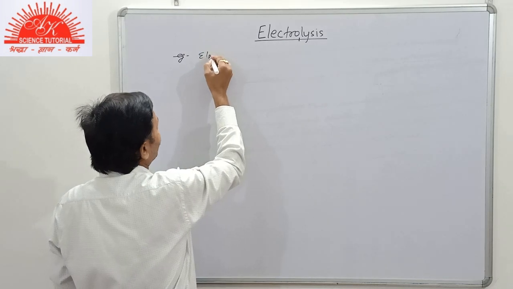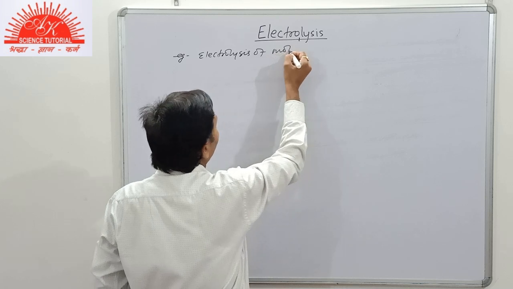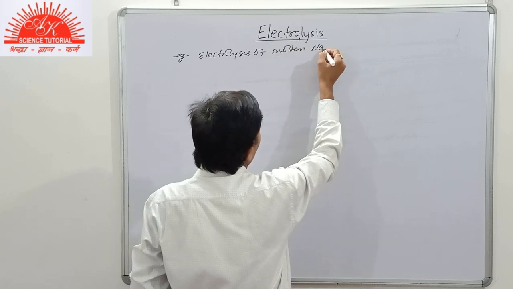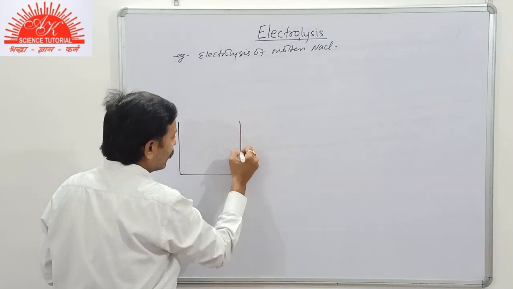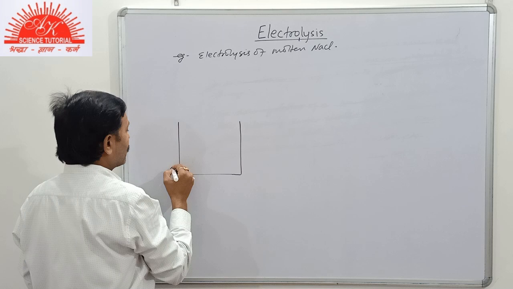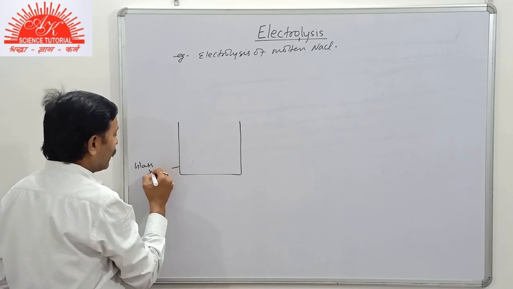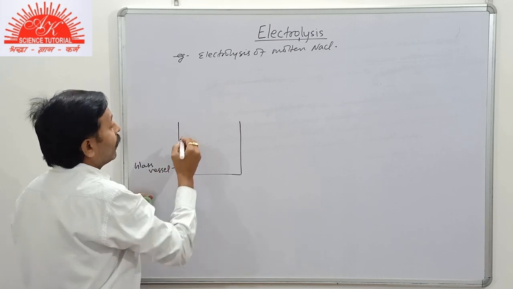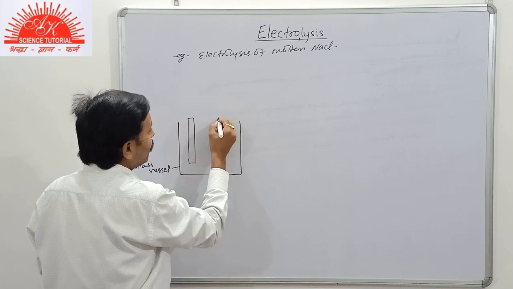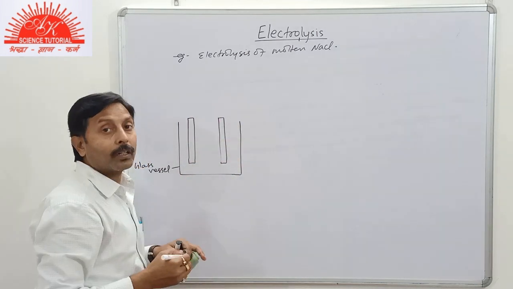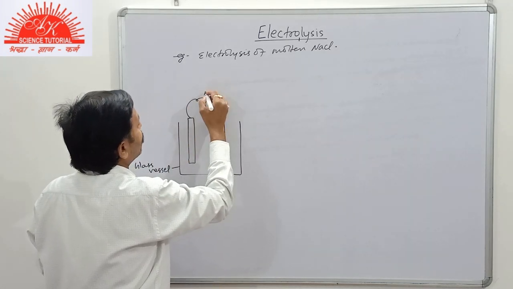Suppose we take electrolysis of molten sodium chloride, NaCl. First of all, suppose we have a glass vessel, that is, a non-conducting vessel, in which there are two conducting rods that may be made of metal or graphite or gas carbon, which are called electrodes.